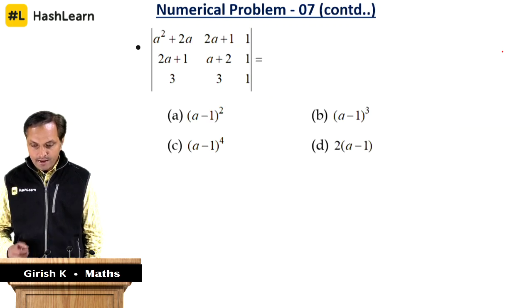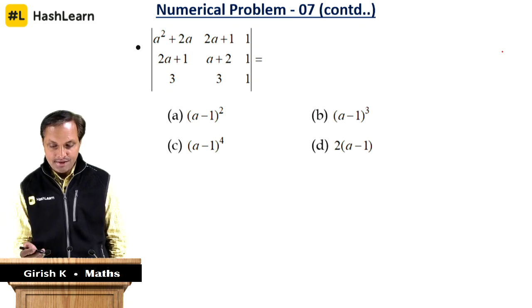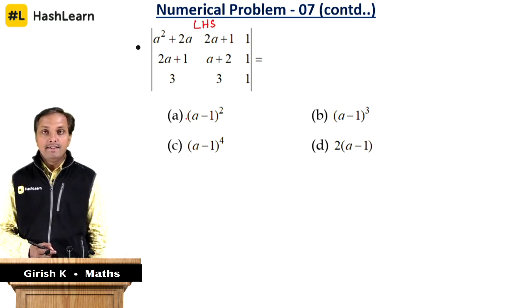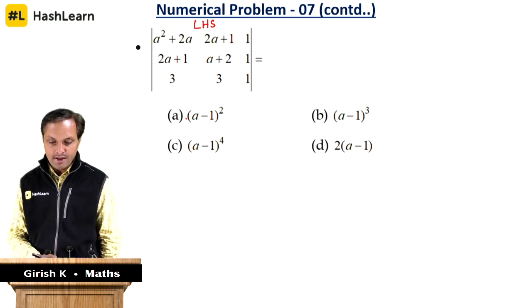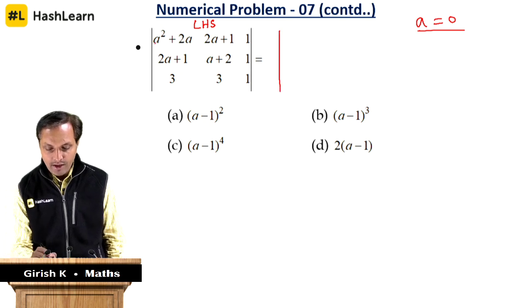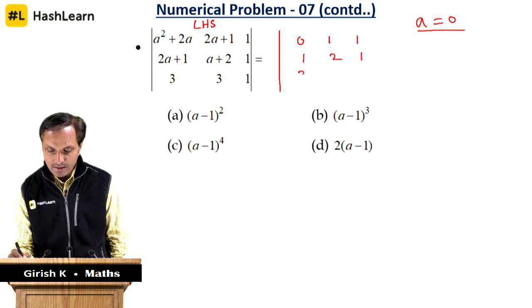Time up. See, when you have problems of this type, what you can do here is treat this as your left hand side and your right hand side is nothing but the 4 options you can consider. Suppose you take a as 0, what happens to the determinant? When you take a as 0, this is 0, this is 1, 1, 1 2 1 3 3 1.